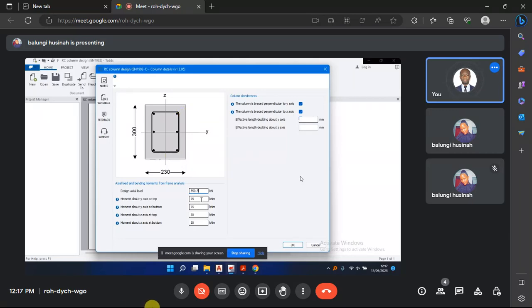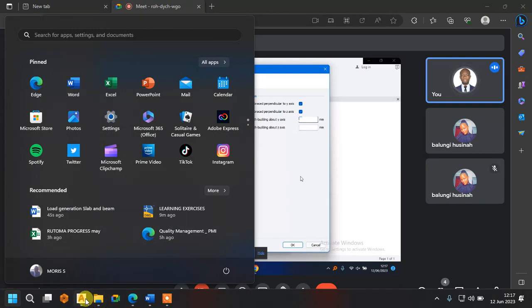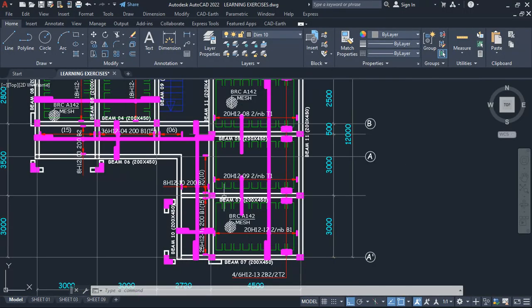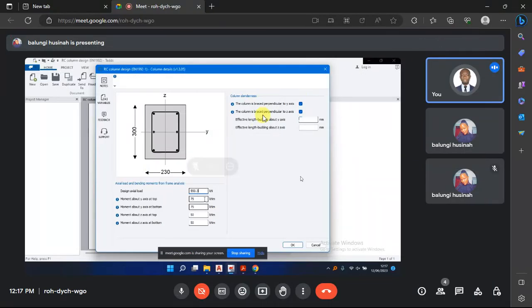So you will just have either y or z. But let me check here according to the drawing. We analyzed the direction in which we have the long side, so it is along the z. We shall only put results along the z. Along y they are cancelling out. So just put at the top along z, and for y you put 0 0.